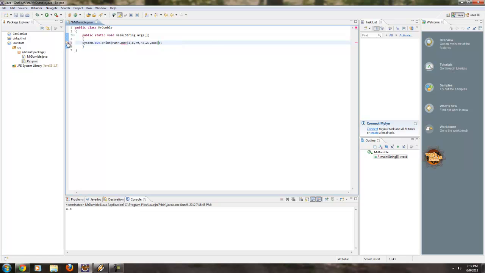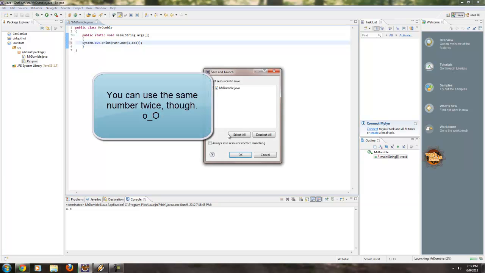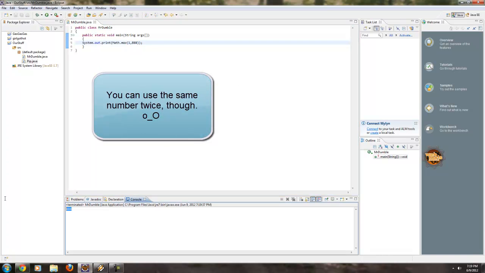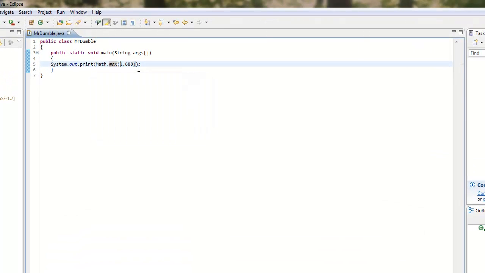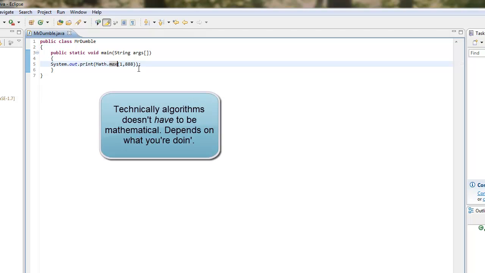Well, first of all, I get an error, because the method max in the type Math is not applicable for the arguments, because you can only use 2 numbers at once. So that might not sound too useful to you. But do keep it in mind, because when you start coming up with algorithms, which means that you're going to try to come up with complex ways to solve problems mathematically, you're going to want to know this.